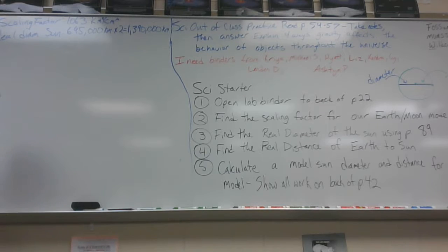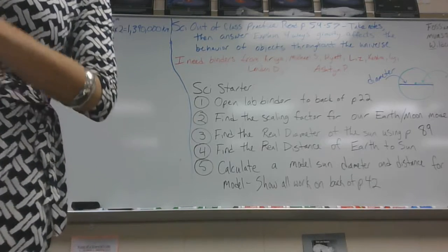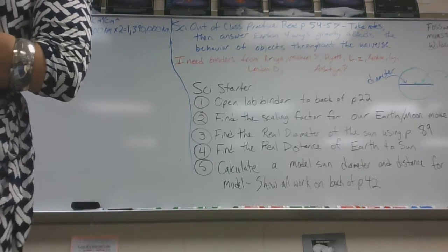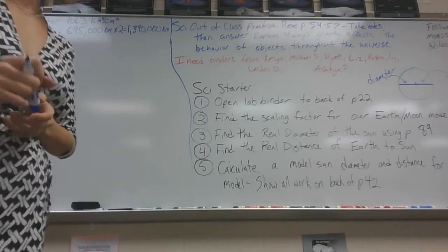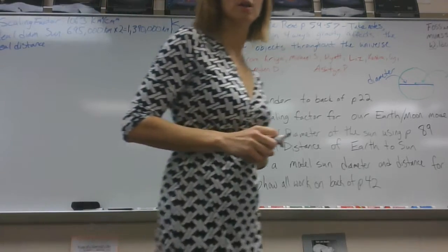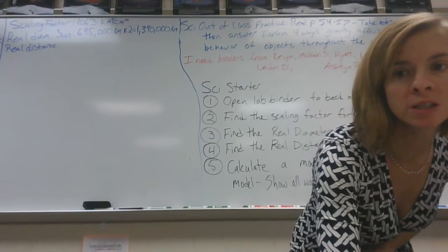Okay, and then I want to find the real distance of Earth to the sun. So I'm going to write that here. Real distance. Please put your finger on the column in the book that shows us the distance from the Earth to the sun. So now we're looking at the row that has Earth on it.